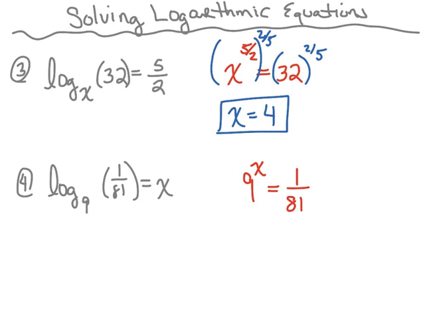I want to know what power I can raise 9 to in order to give me a positive 1 over 81. In this case, that exponent has got to be a negative 2, because 9 to the negative 2 power would result in 1 over 81. Therefore, the solution to number 4 should be negative 2.